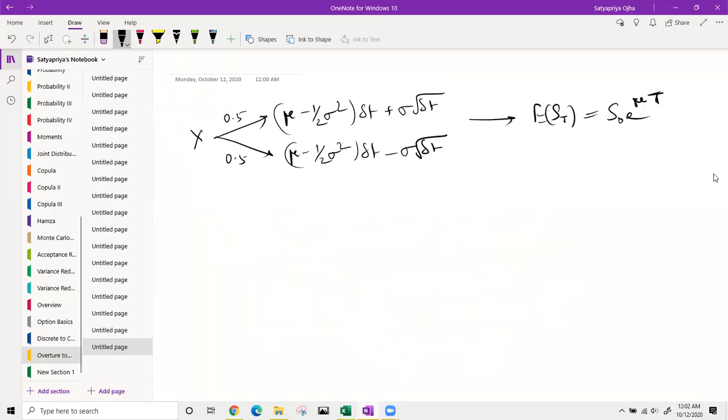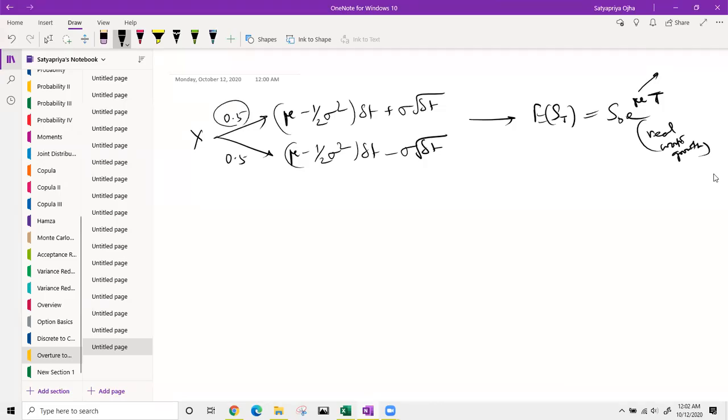No, because the growth rate is mu. What is the growth rate exactly? We need the stock price to grow at risk-free rate. All right. So this is the real world growth rate, real world growth. We cannot use this as is for pricing derivatives. So we have to do something.